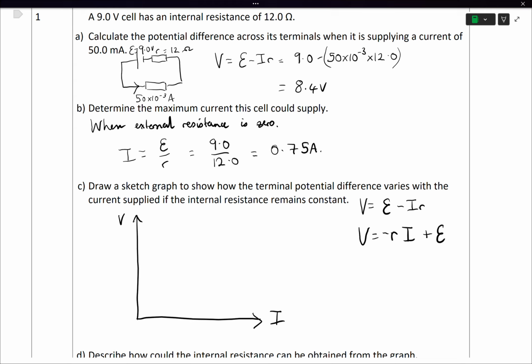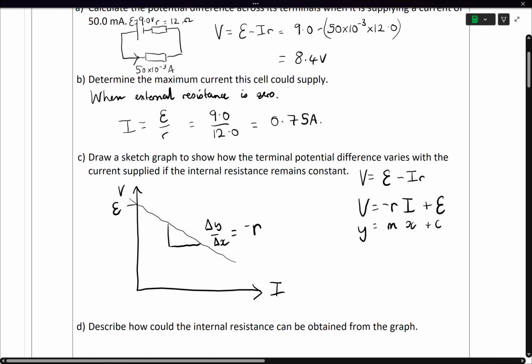Now what this means is that if I put V on my y-axis and I on my x-axis, I expect the gradient to be minus R and the intercept to be E. So I should have a straight line, that's not a very straight line, close enough, a straight line that goes through a value here which gives the EMF of the cell, and the gradient of this, delta y over delta x, should be equal to minus the internal resistance, which is why we've got a negative gradient.